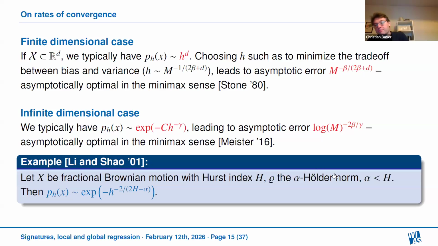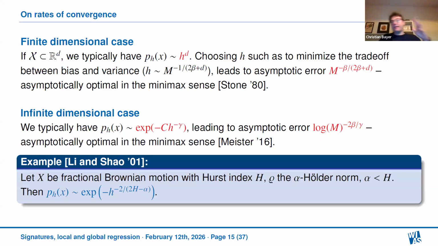Rho is the alpha Hölder norm, with alpha smaller than h. In this setting, you can compute the small ball probability for the distribution of fractional Brownian motion, and you get exactly this kind of exponential decay with a power gamma that depends on h, the Hurst index.